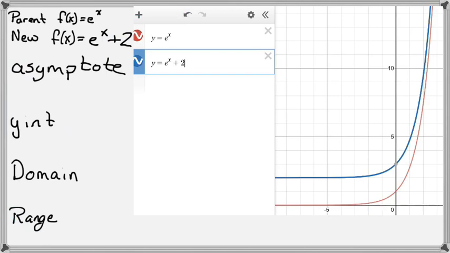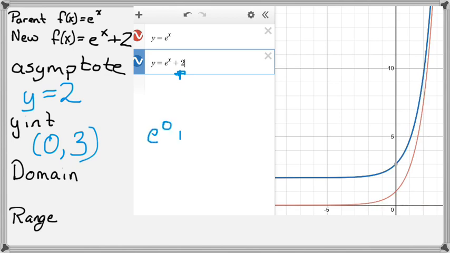So our new asymptote is going to be shifted up 2, so that'll be y equals 2. Our y-intercept is going to shift up 2, so it'll be (0, 3). And again, another way to find that is do e to the 0 plus 2, and that equals 3.